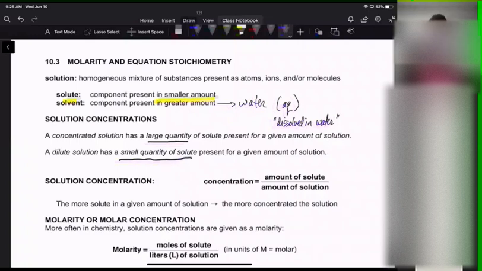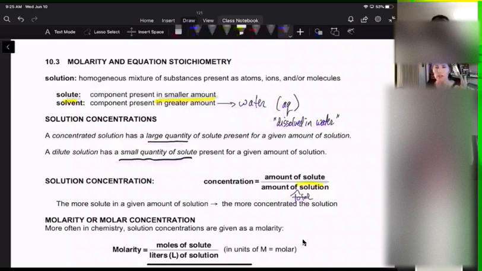So in general, our concentration is the amount of solute over the amount of solution. And I like to think of that as the total solution. In chemistry, we often will have things that are just two components, just water plus your solute. But there are also solutions that have more components in them.